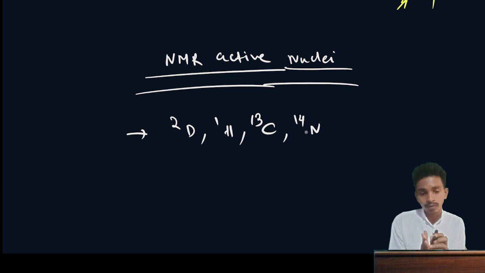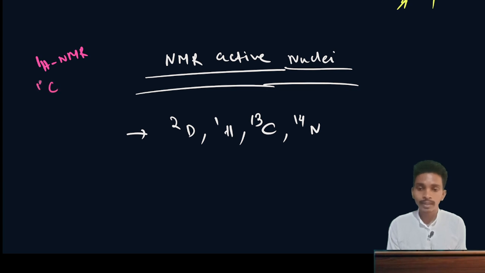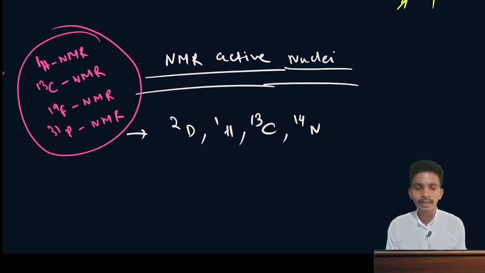But what we see in general NMR is that we get 1H NMR in the lab. We have 1H NMR, 13C NMR, chlorine NMR, and phosphorus NMR. But we don't have NMR like deuterium NMR or nitrogen NMR.